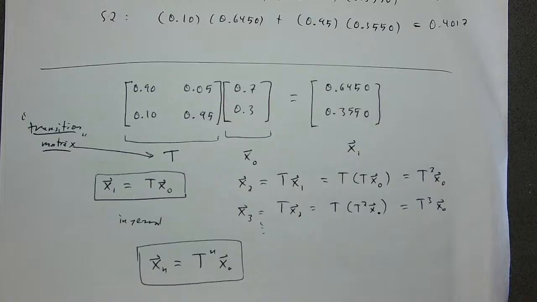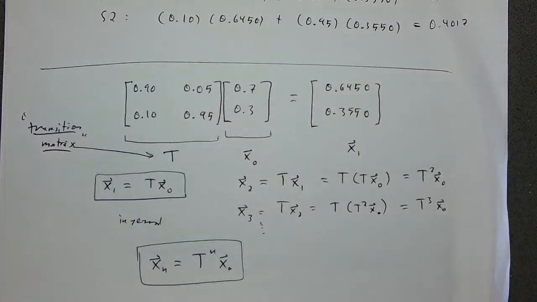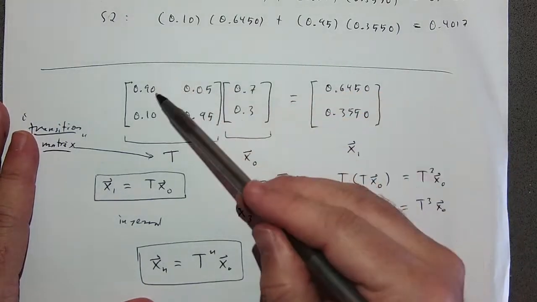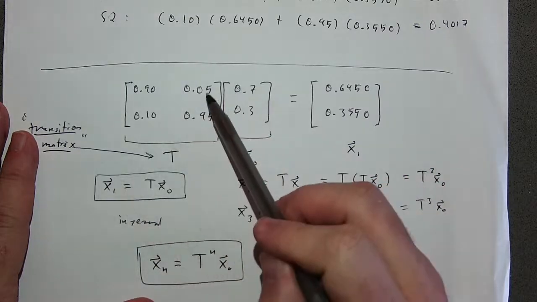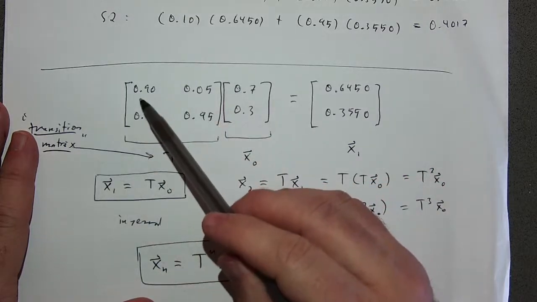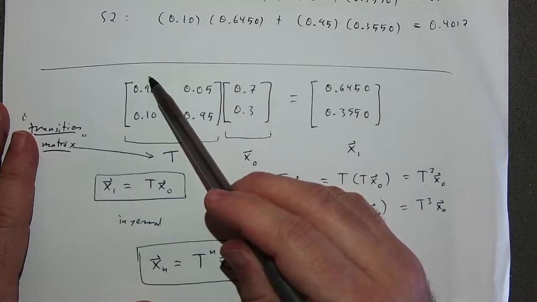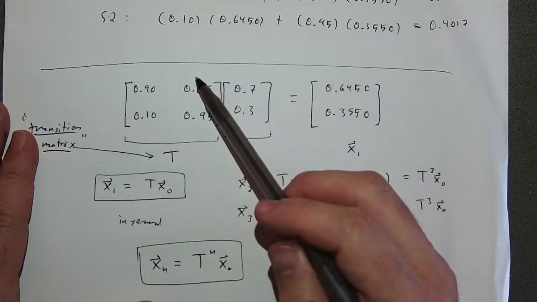So in the matrix T, we have columns that tell me what? The columns tell me information about where the population in the state is going to. So what do I mean by that? The first column of T tells me that 90% of people stay and 10% of people leave in state 1. In state 2, what is that telling me?